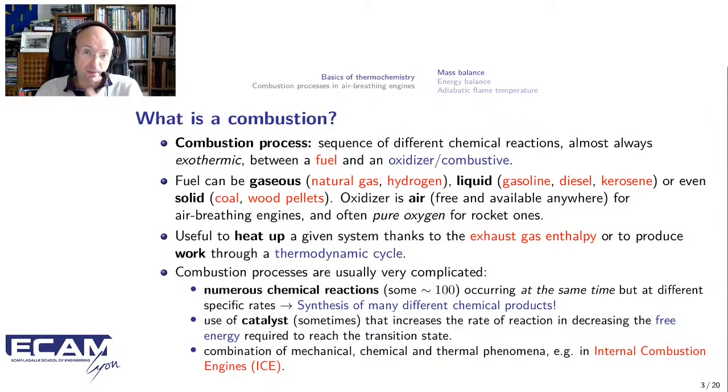If we want to calculate the exact amount of pollutant, and some of them are produced in really tiny amounts in the exhaust gas, this calculation is really complicated, because you need to take into account at the same time all the chemical composition and all the chemical reactions occurring inside the volume of gas. But actually it's two different jobs.